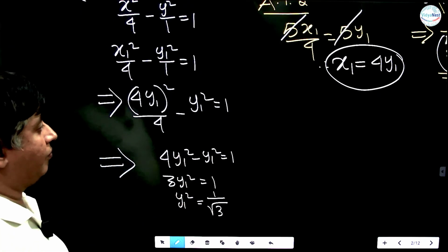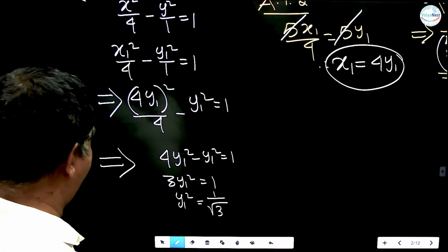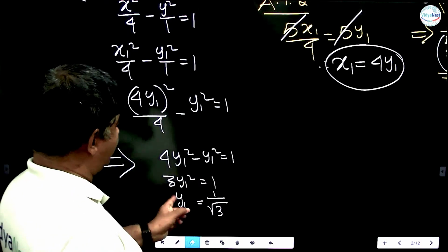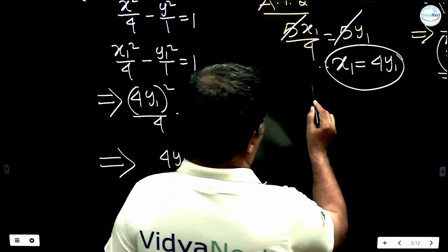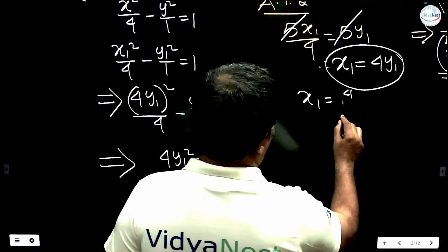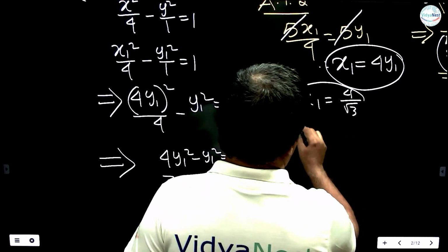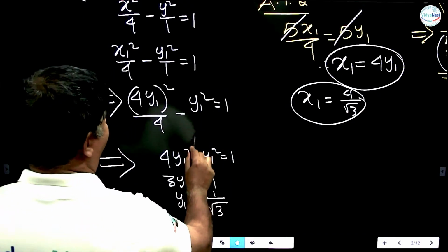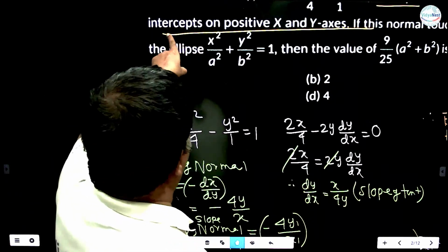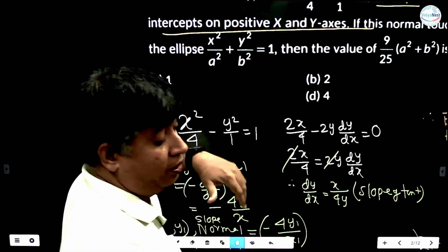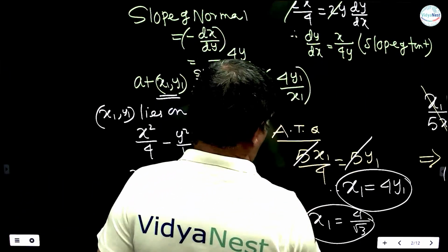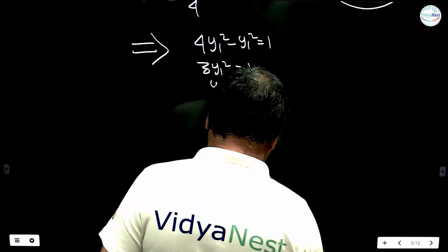Yes or no? Yes, sir. So once you get y1, x1 is what? 4 by root 3. So the point at which the normal is drawn on the hyperbola is found. That will be really helpful to finish the sum.